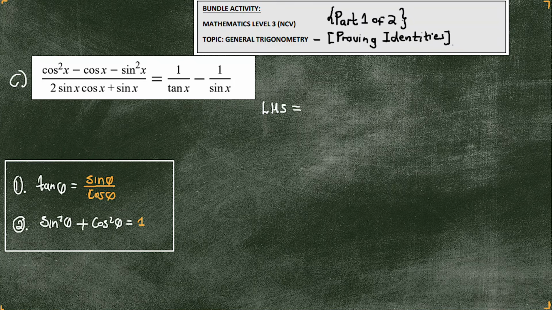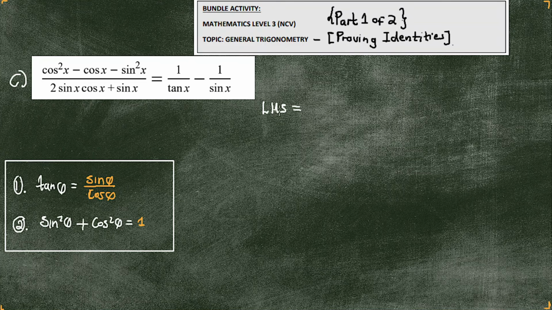You know what's worrying me here? It's this tan x. Tan x is an identity. It needs to be simplified. So in such a case, we'll have to solve both sides. But first, let's work with the left hand side and see if we can get to this point. If we can't, we'll have to.